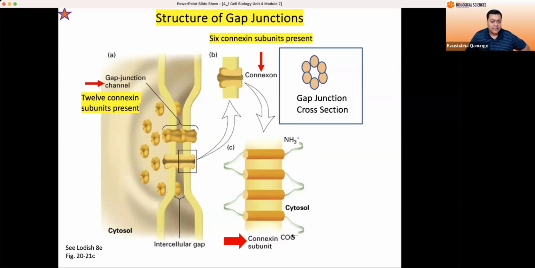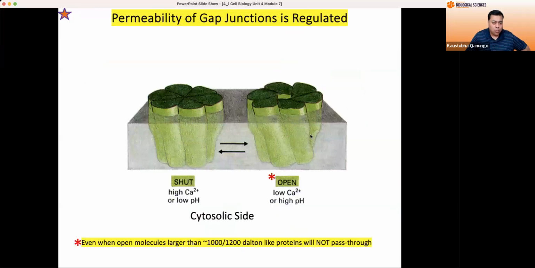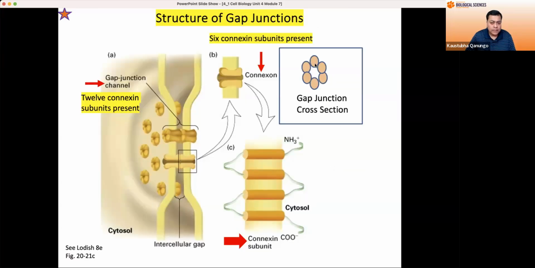Remember that connexin is the protein, and you have 1, 2, 3, 4, 5, 6. This one is one connexin, another connexin, another connexin, another. So you have 6 connexin molecules that make up half of this, which is the connexon.